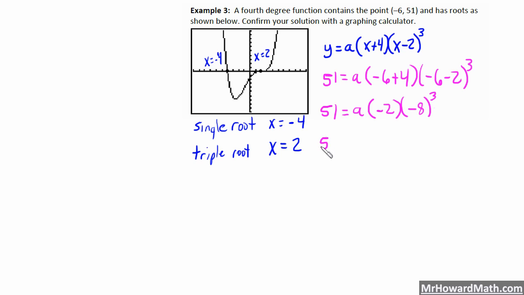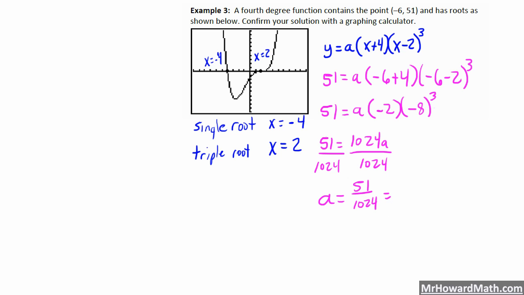So it's 51 equals negative 512 times negative 2, so that's positive 1024. So 1024a, divide by 1024, and we get a equals 51 over 1024.